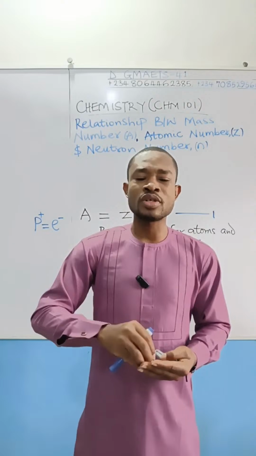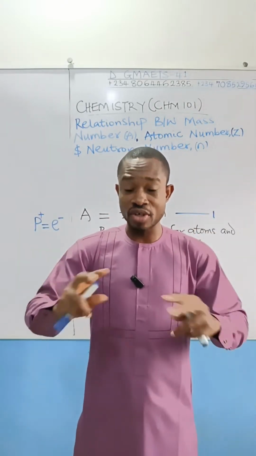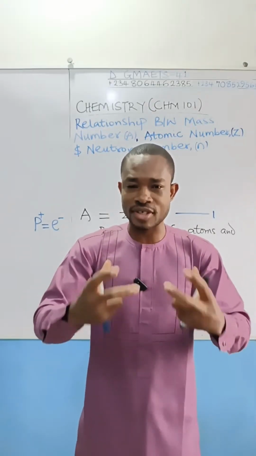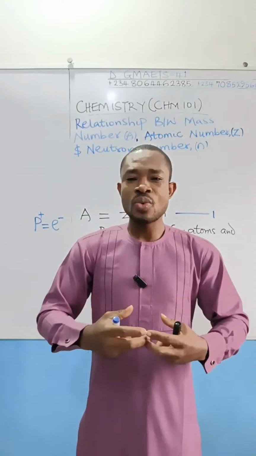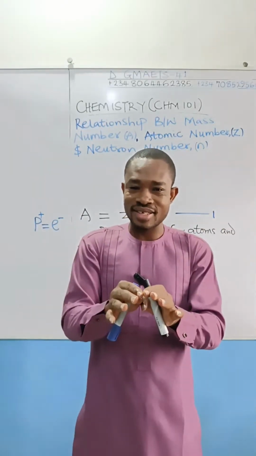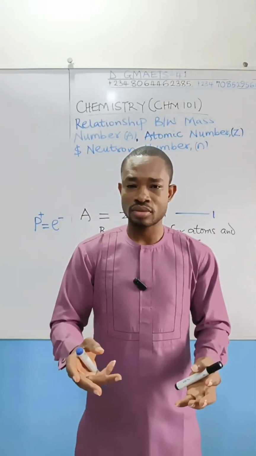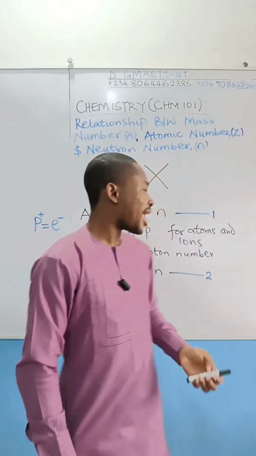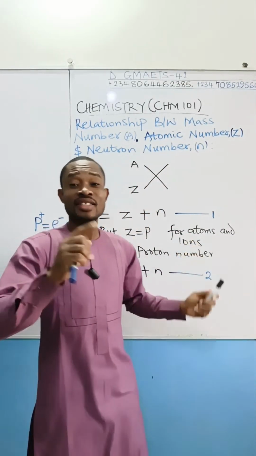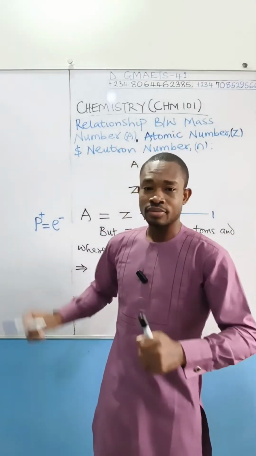Because what is responsible for electricity is this positive charge, negative charge. Are you following? Charges are responsible for electricity. So whereby the positive and the negative charges balance, that substance will be said to be neutral. So an atom is electrically neutral. Take note of that. And if that is the case, proton number will be equal to electron number.